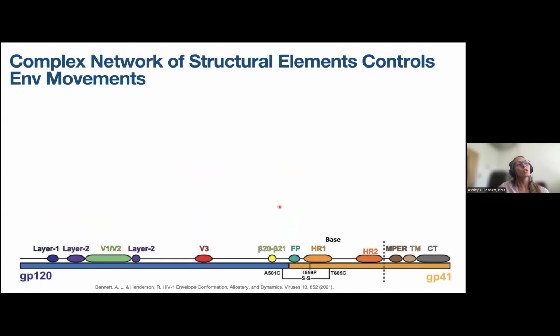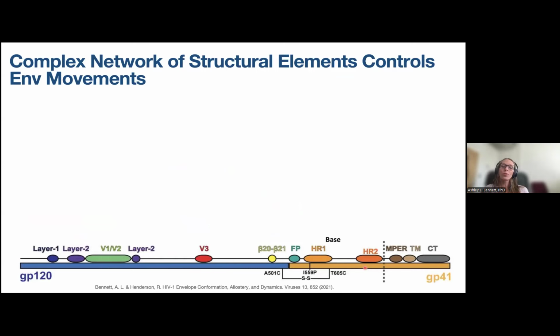So this image shows the linear layout of the envelope structure. Like I said, it's composed of a GP120 domain, represented by this blue rectangle, and the GP41 domain, represented by this orange rectangle. There are 3 subunits, so you have 3 GP120s and 3 GP41s making a trimer.